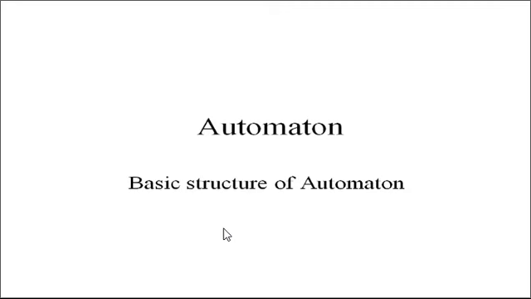The first is input, second is output, third one is state, fourth one is state relation, and last one is output. So what is input? Sigma is the input alphabet that contains all the input values I0, I1, I2 up to In. Okay.